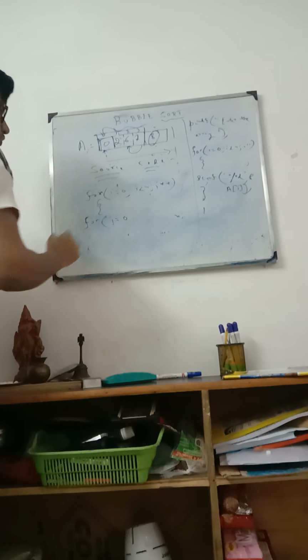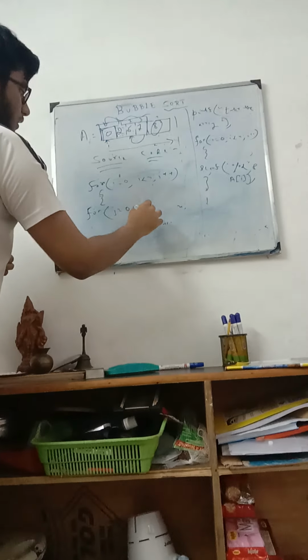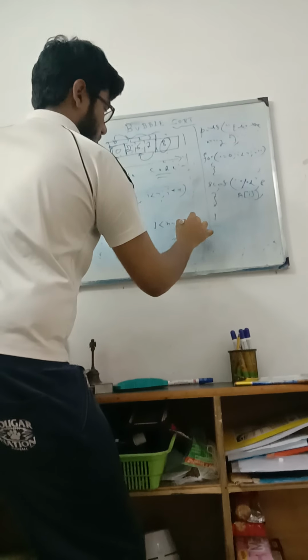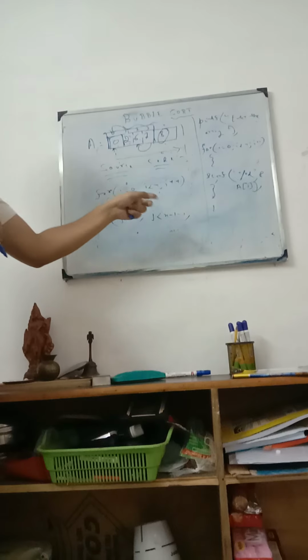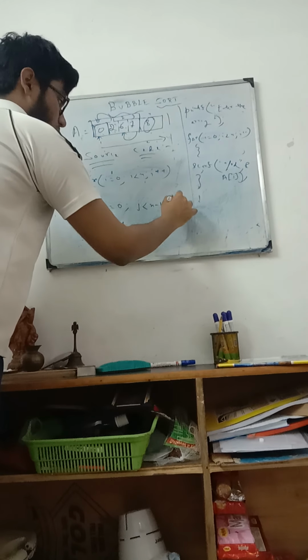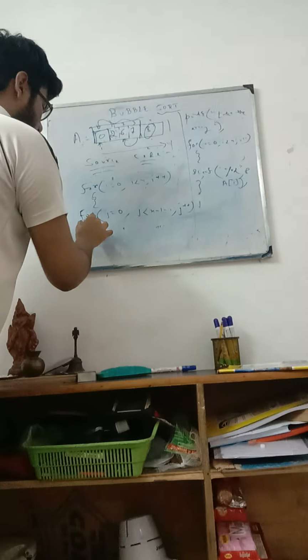Now for j is equal to 0 till j is less than n minus 1 minus i, it will traverse from 0 depending on n minus 1 minus i, depending on the value of i. It means till the last. For i is equal to 1, it will go till the second last. For i is equal to 2, it will iterate from 0 to the third last. Like this it will go on and on and on.